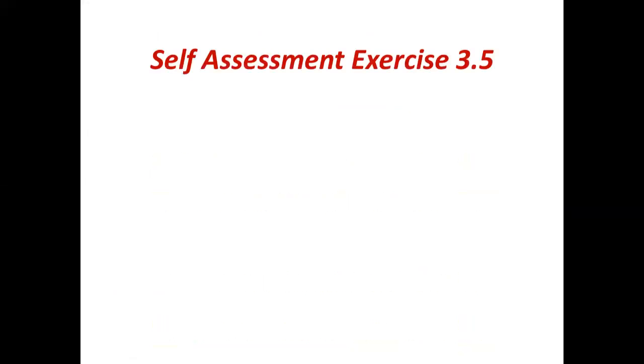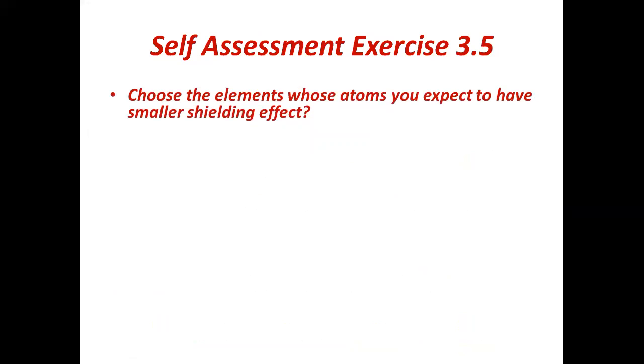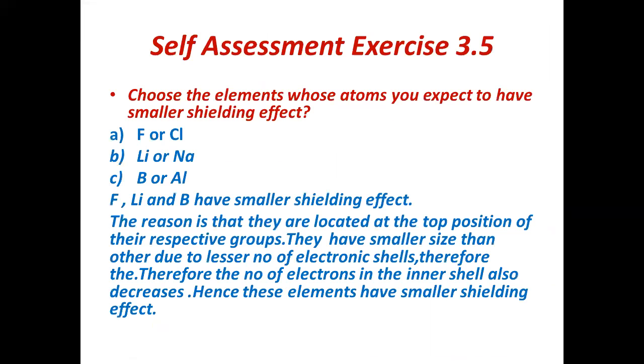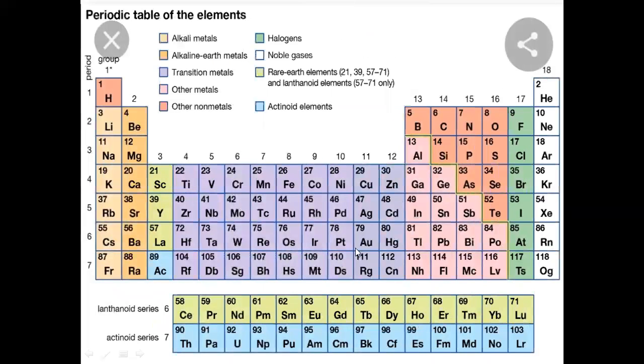Self-assessment exercise 3.5: choose the elements whose atoms you expect to have smaller shielding effect. The first case is fluorine or chlorine, then lithium or sodium, then boron or aluminum. The first case is fluorine or chlorine. Both are present in group number 7, also called group number 17, of the periodic table, so they are in the same group.